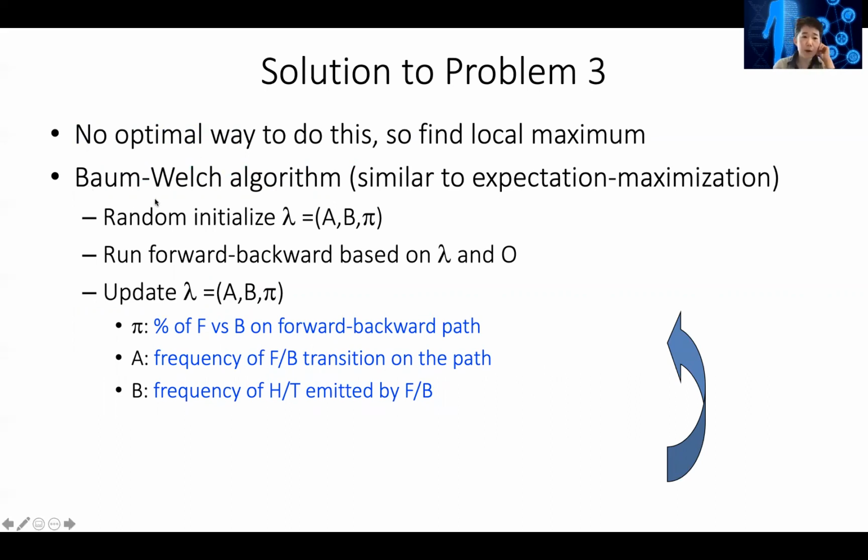That's the Baum-Welch method, which is kind of similar to the expectation maximization approach that we discussed in transcription factor motif analysis. We randomly initialize some parameters, and based on the initialized parameters, we can run the forward-backward algorithm to estimate the path. And then we can update the parameters based on the path you estimated.